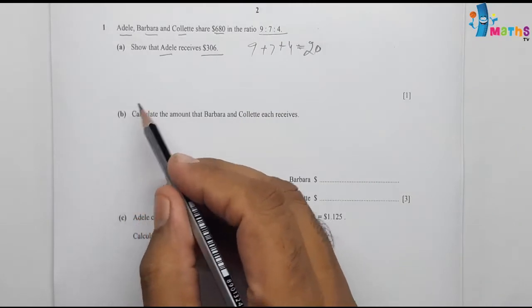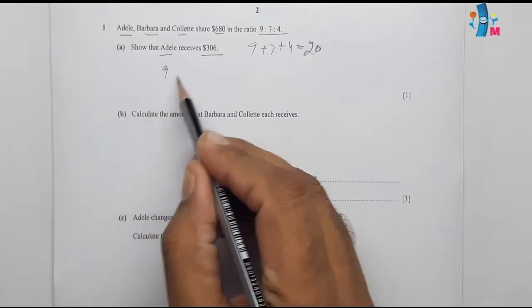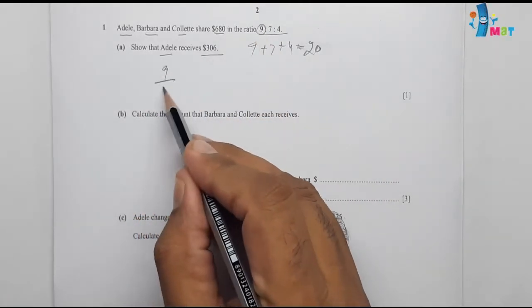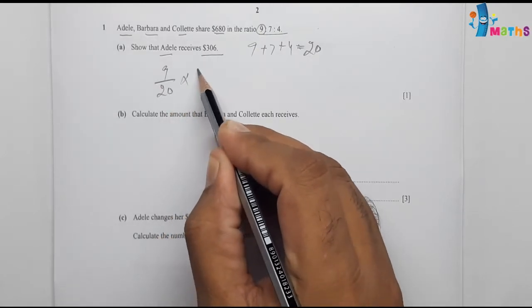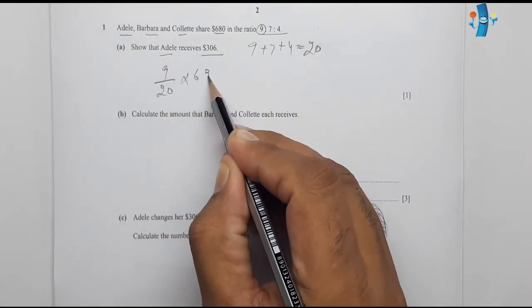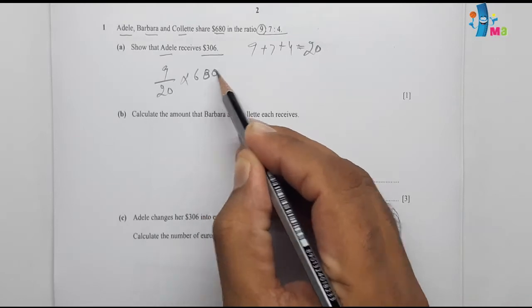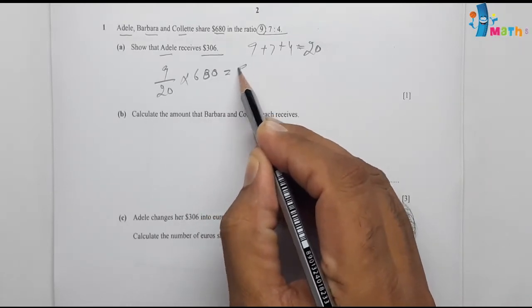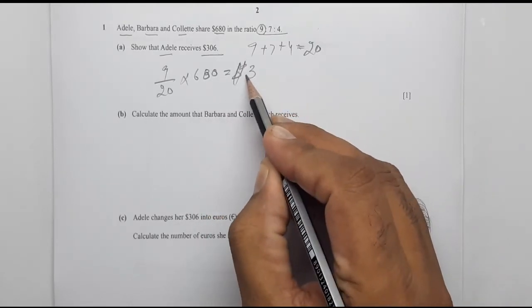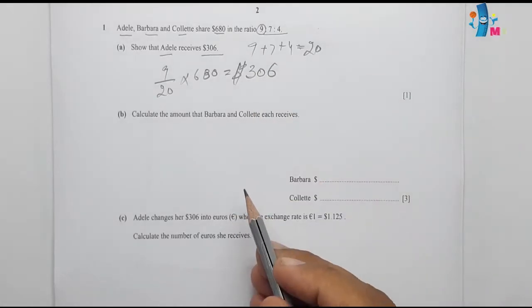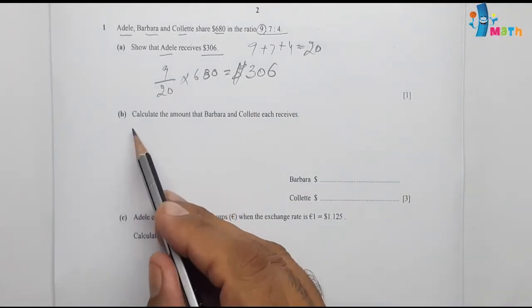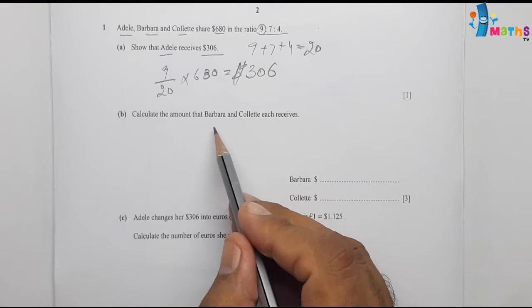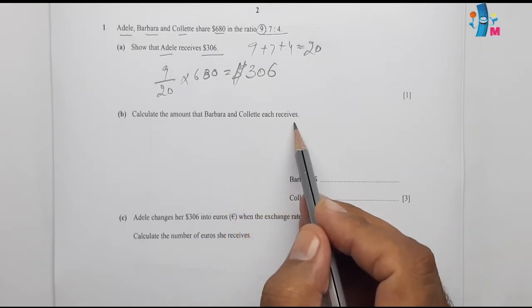Then her share is 9, so 9 by 20 into 680 will be equal to $306.